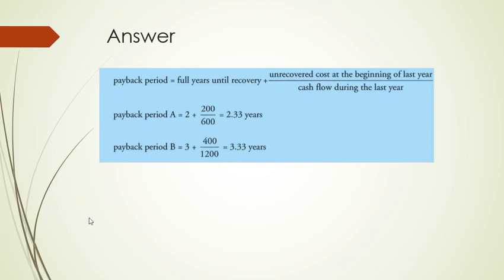So according to the payback period, project A is more acceptable, because we're going to receive our initial investment in only 2.33 years.